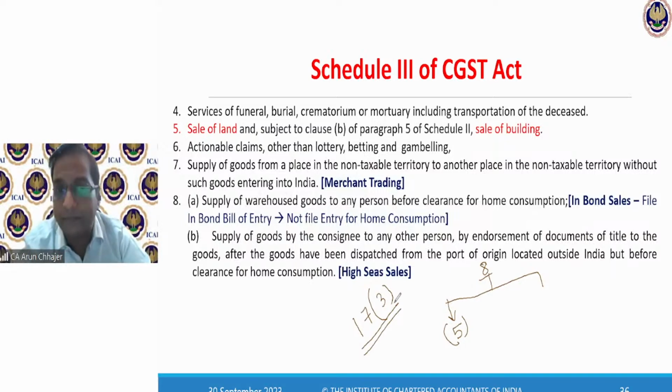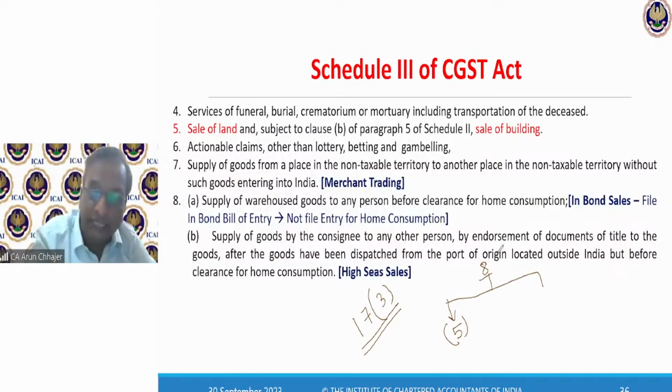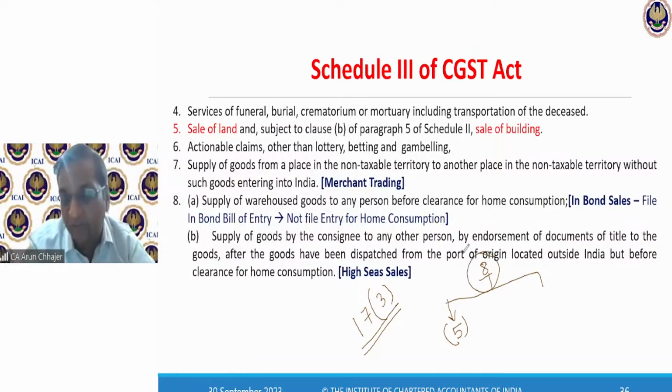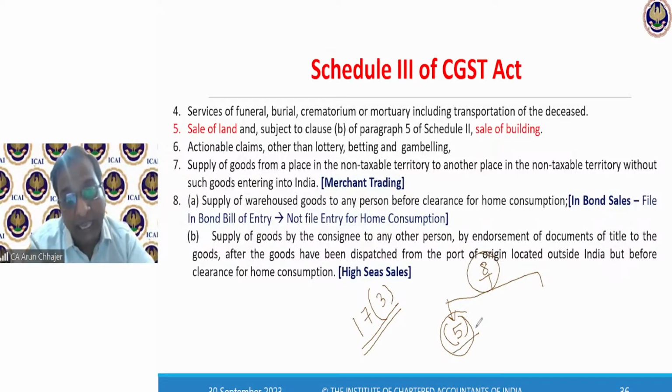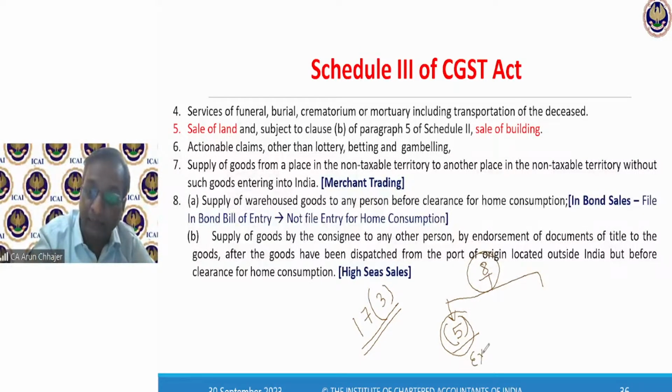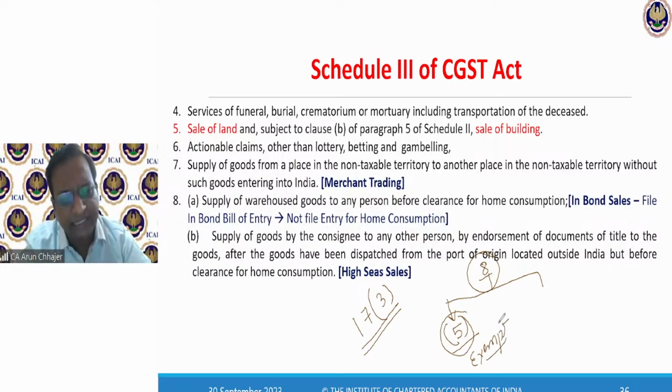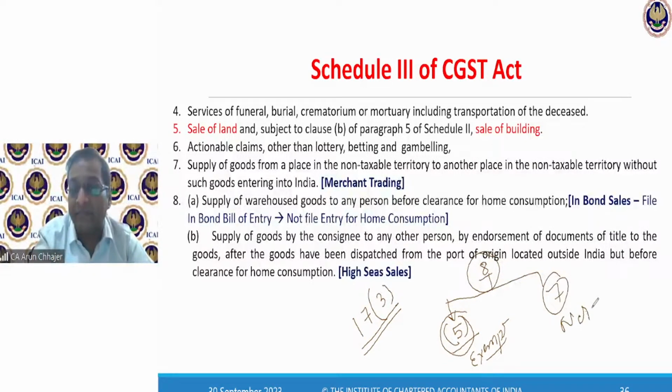In Section 17(3) of the CGST Act, we will discuss that out of the 8 entries of Schedule 3, only entry number 5 is considered as exempted supply, only for the purpose of reversal. The rest 7 entries are not considered as exempt supply.